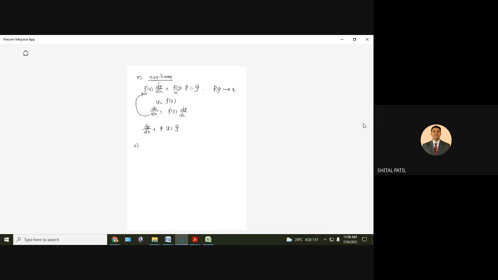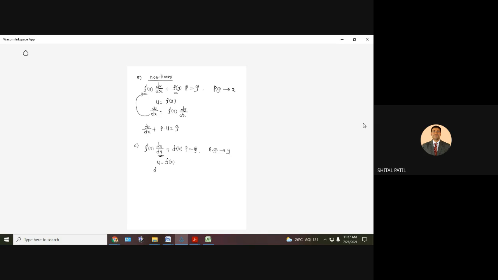Last type, another non-linear differential equation is like this: f'(x) dx/dy plus f(x) times P equal to Q, where P and Q are functions of y. It is non-linear due to f(x), so the substitution is u equal to f(x). Differentiate with respect to y. How is it decided?